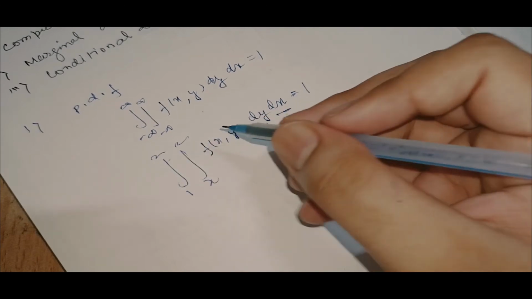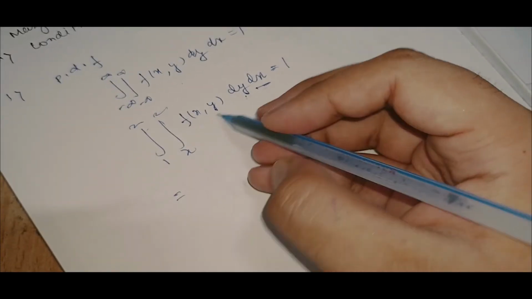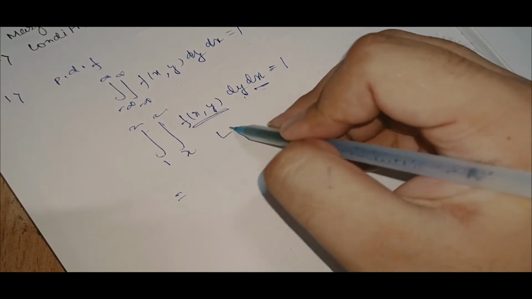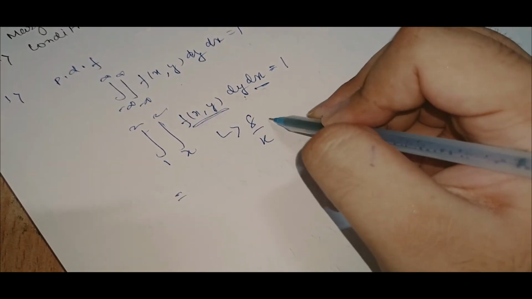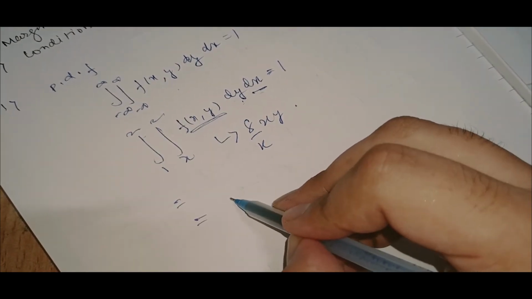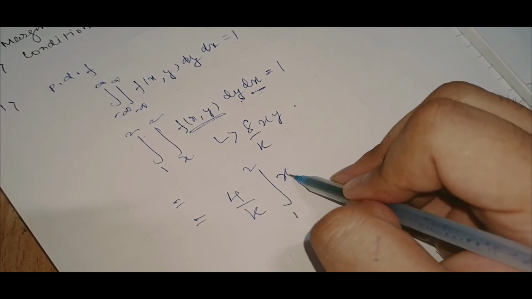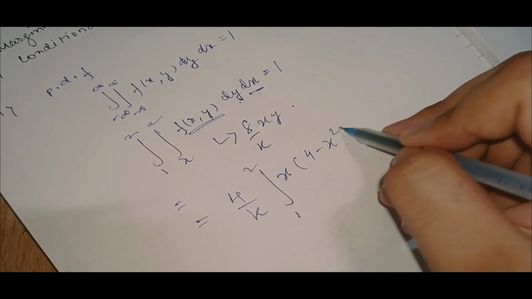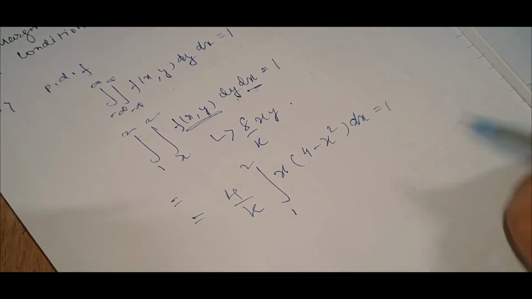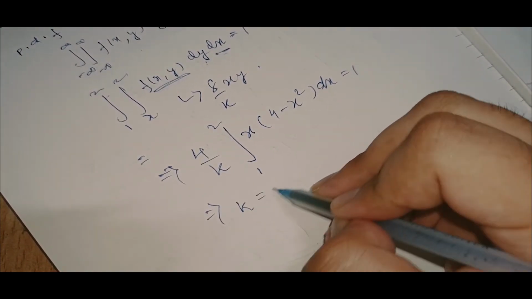After solving this, the function is nothing but 8 by k xy. After solving the integration, we would get 4 by k into 1 by 2 x (4 minus x square) dx equals 1, and after solving this, we would get k equals 9.